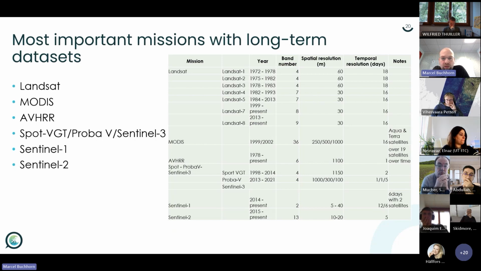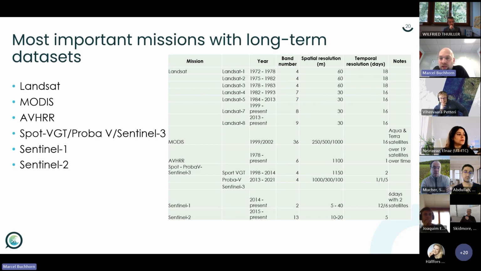Then we have the SPOT VGT, PROBA-V, Sentinel-3 archive. SPOT VGT was launched in 1998. PROBA-V, a satellite launched by Vito in 2013, replaced SPOT VGT. And the Sentinel-3 mission from ESA was launched, I think, in 2019, and now replaces PROBA-V.